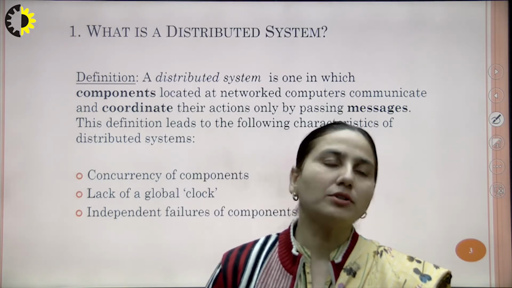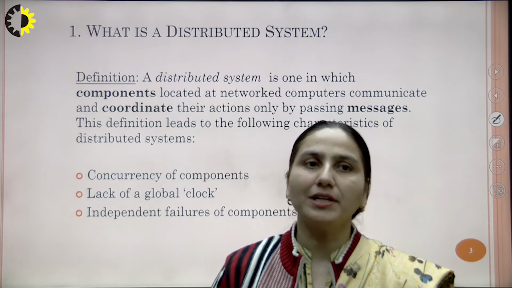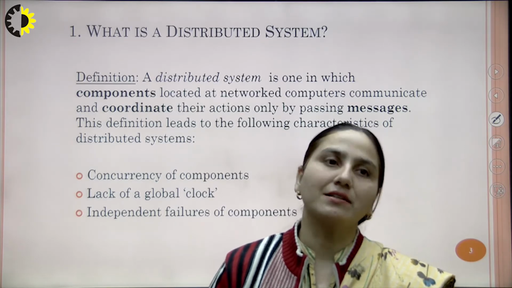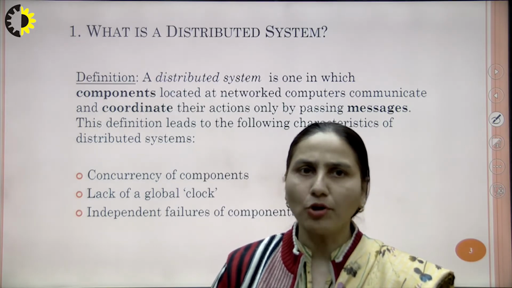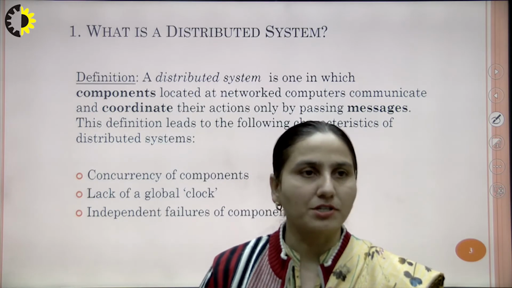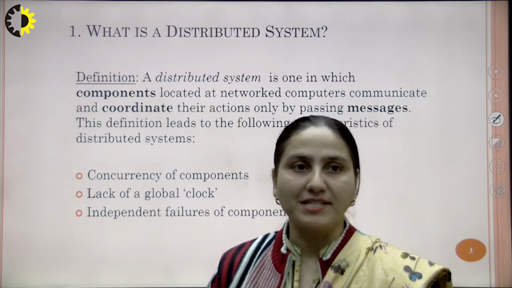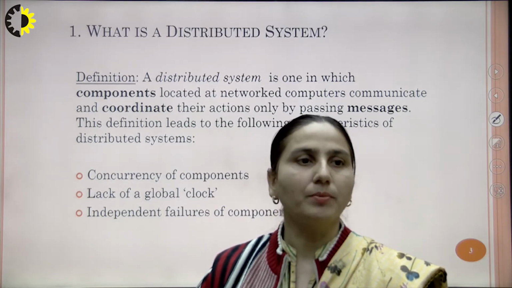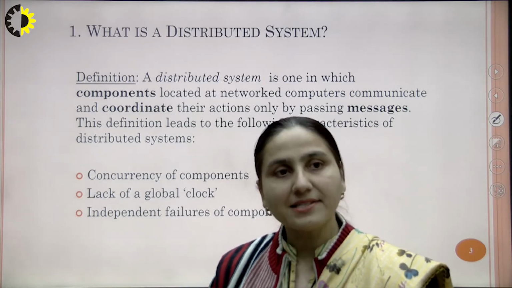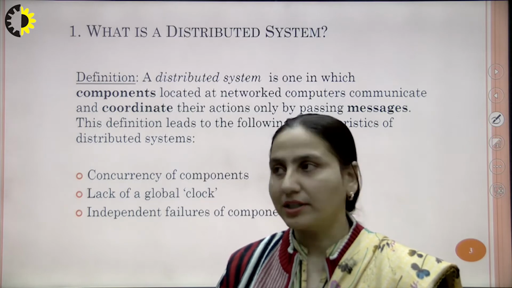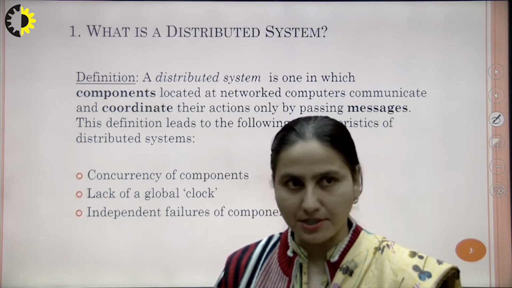This definition leads to some important characteristics of distributed systems. Now, what are those characteristics? Initially is the concurrency of components, that means the components need to be concurrent. Second is the lack of a global clock, there is no global clock in a distributed system.